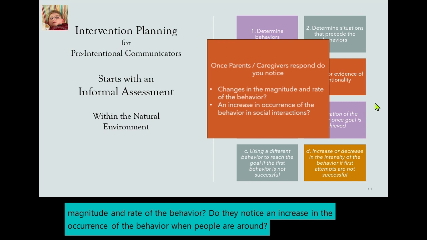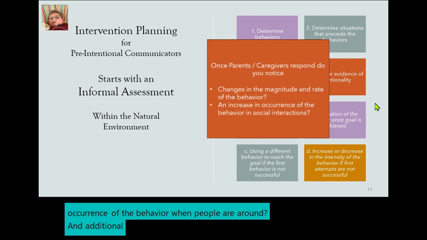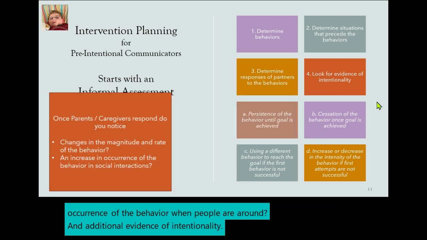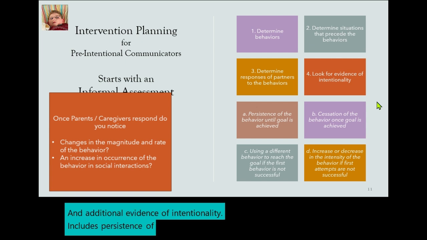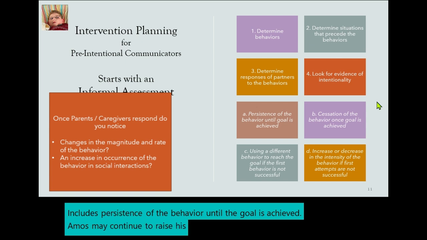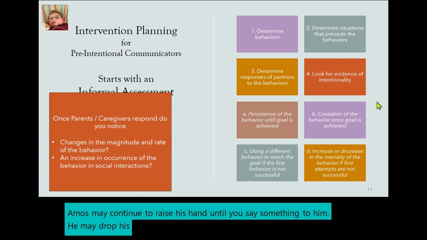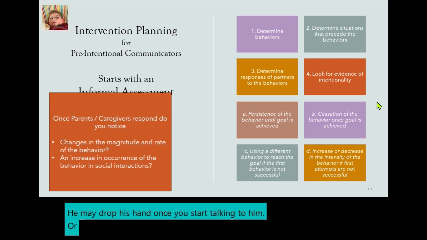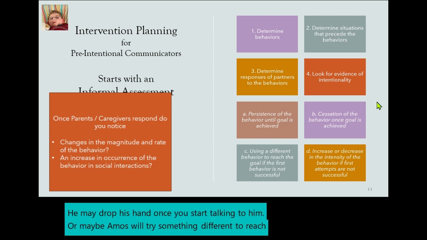And additional evidence of intentionality includes persistence of the behavior until the goal is achieved. Amos may continue to raise his hand until you say something to him. He may drop his hand once you start talking to him.